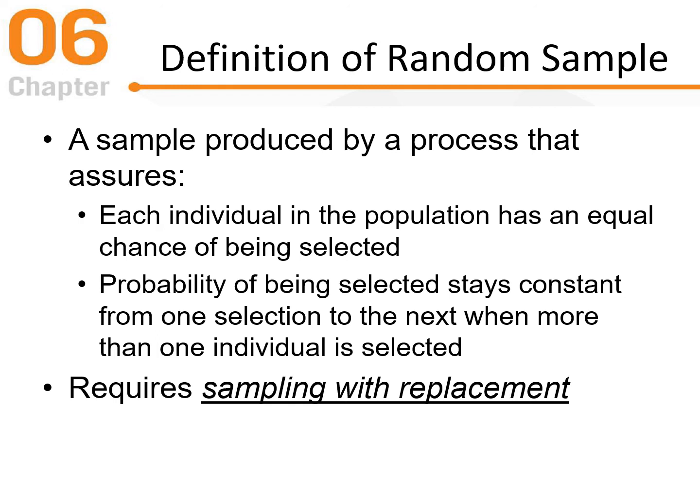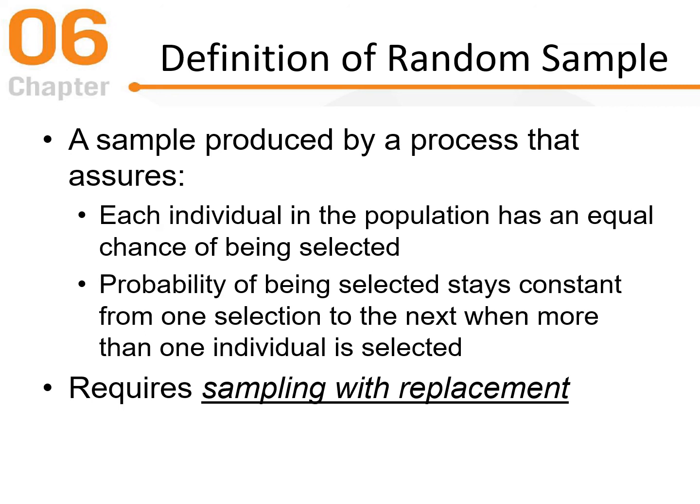For example, if I'm taking a sample and it involves the number of red aces, like in the previous example, if I get a red ace on the first draw, I need to put that red ace back into the deck so that the probability is the same on the second draw, on the third draw, etc. Now, this is not realistic in psychology research, because we generally don't replace people.